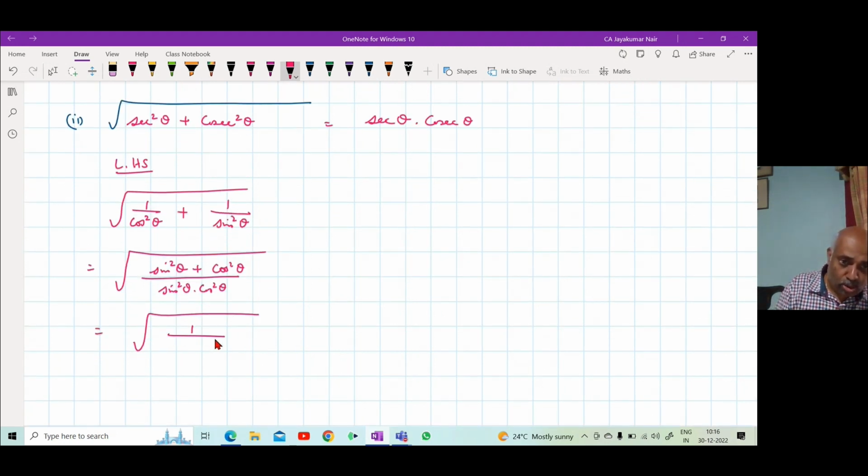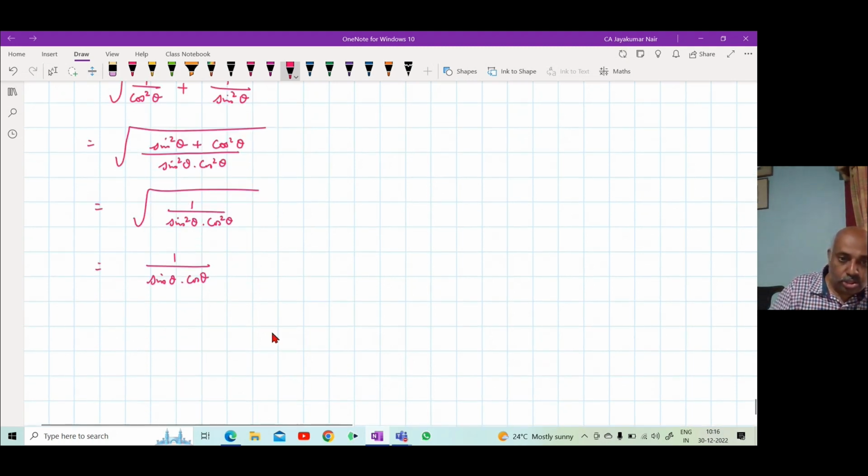So it is 1 over (sine squared theta into cos squared theta). Because you're finding the square root, the square root of 1 is 1, the square root of sine squared theta is sine theta, and the square root of cos squared theta is cos theta. So the square root of this is 1 over (sine theta into cos theta).